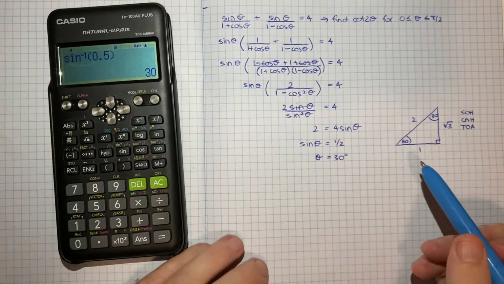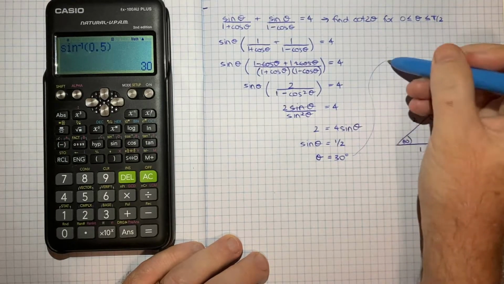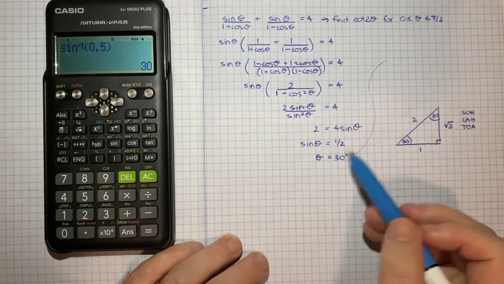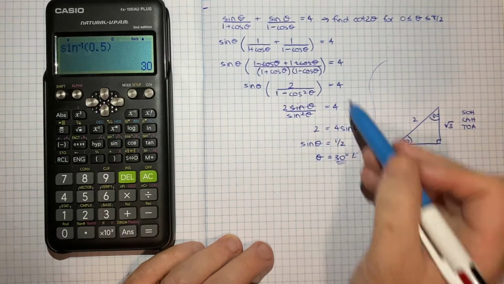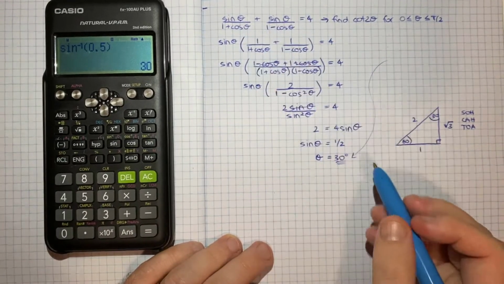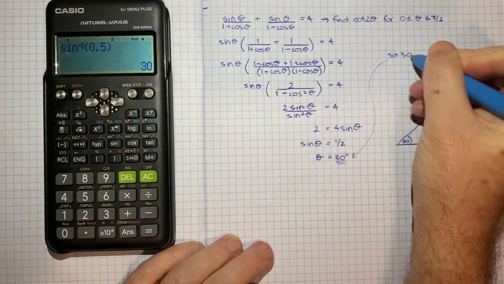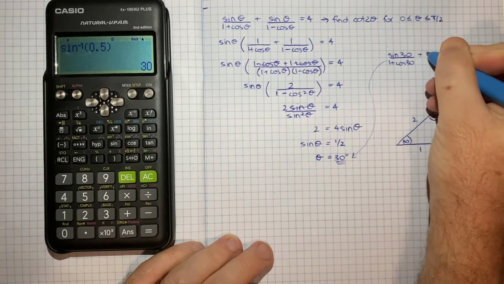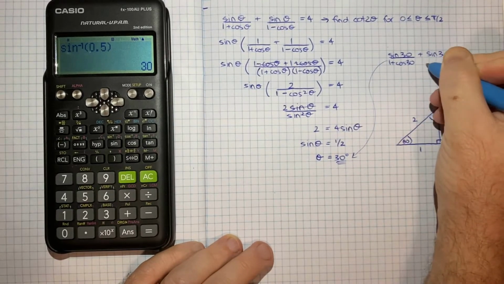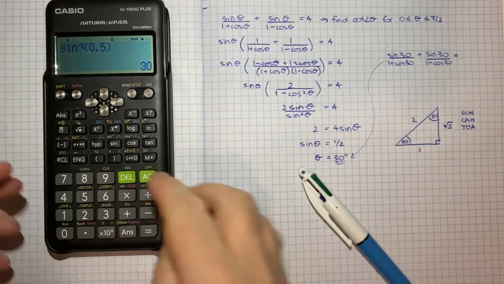And actually another check you could do, and maybe I'll just do it up here. If we wanted to really be comfortable that this is the correct angle, we could just put it back into our original equation. So on our calculator we could check sine 30 on 1 plus cos 30 plus sine 30 on 1 minus cos 30. What is that equal to?